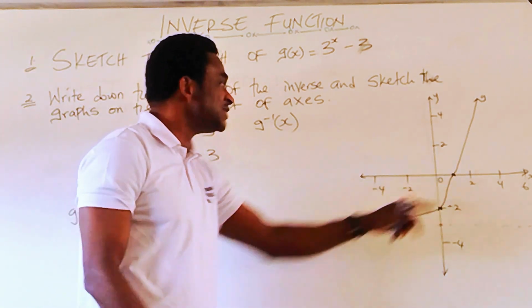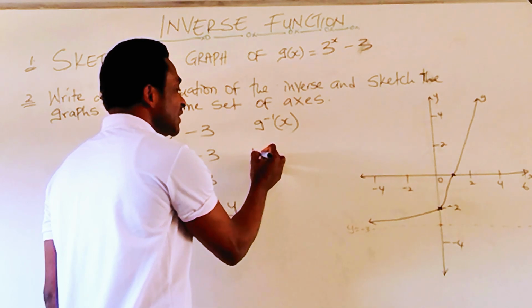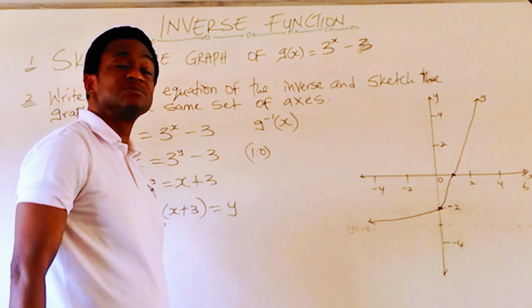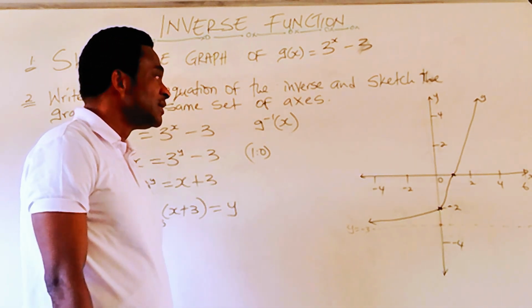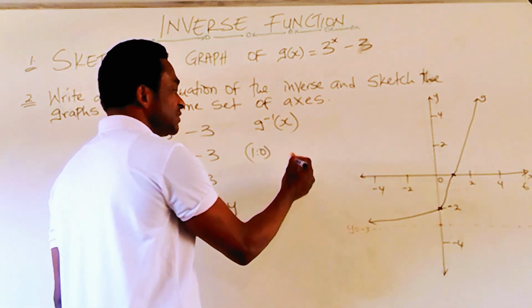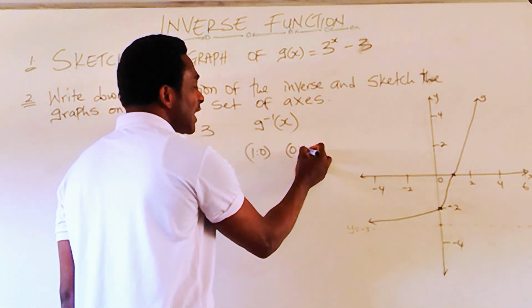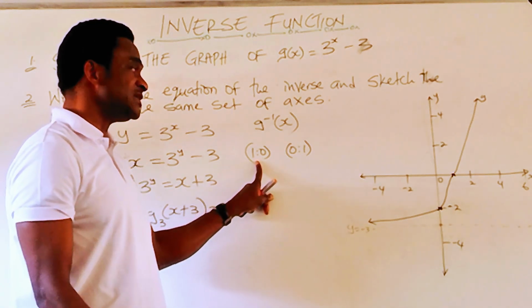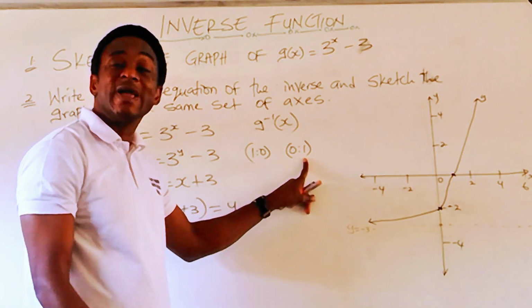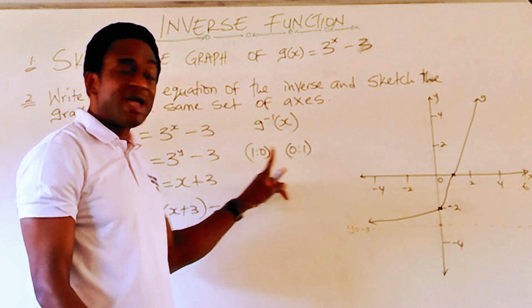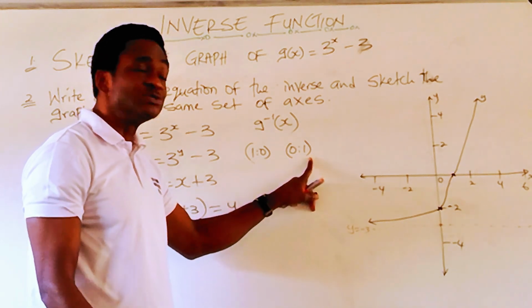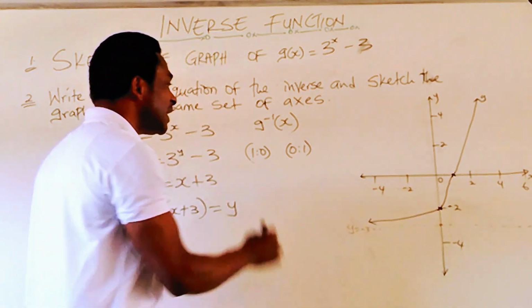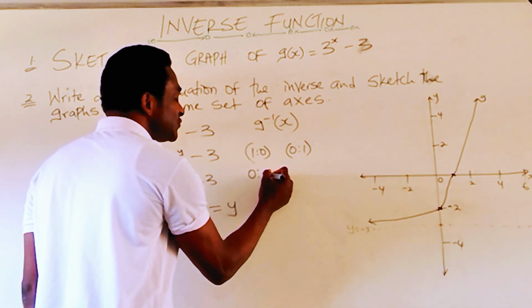If we have (1, 0) as our x-intercept, we can change this to become (0, 1). That means the x-intercept becomes the y-intercept.